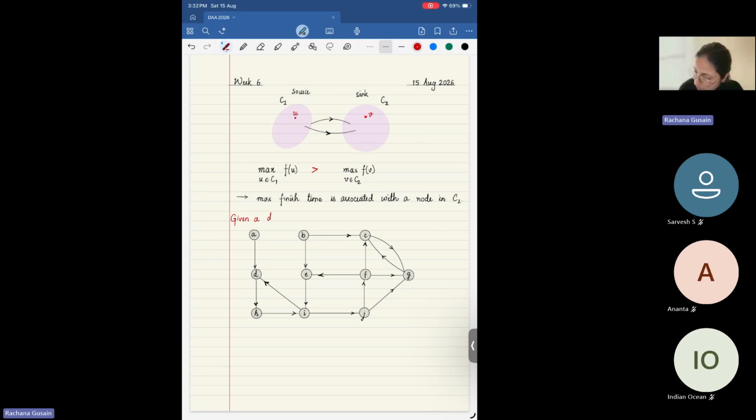Given a directed graph G, find all the strongly connected components of G. Here, just by looking at the graph, can we identify the strongly connected components?